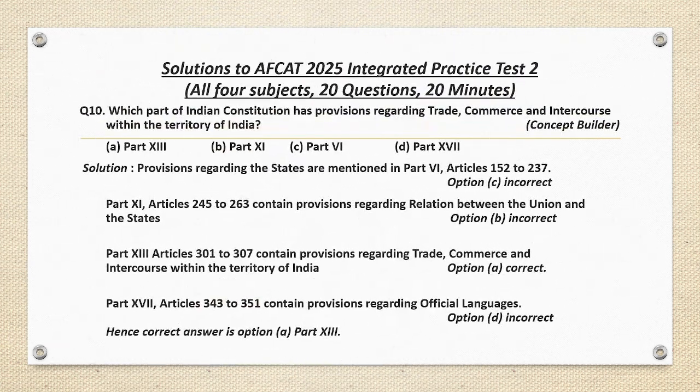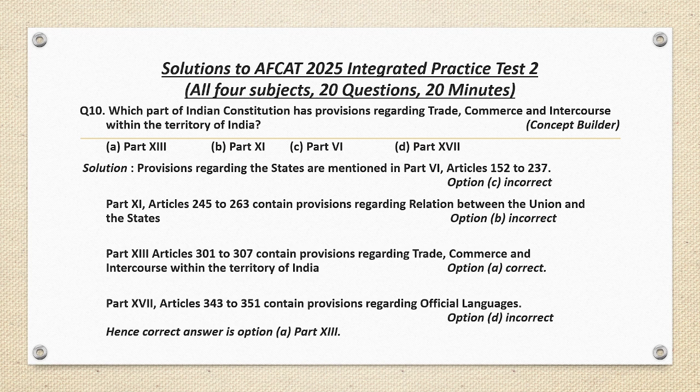Next, again from the parts of our Indian Constitution, this question. Which part of the Indian Constitution has provisions regarding trade, commerce, and intercourse within the territory of India? Now let us check these parts in seriatim. We got part 6, part 11, part 13, and part 17.